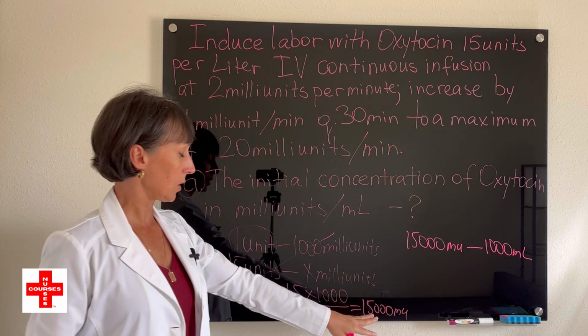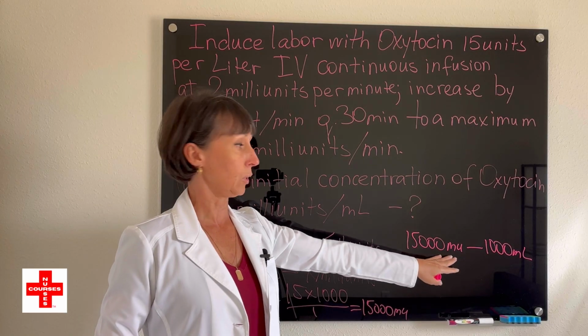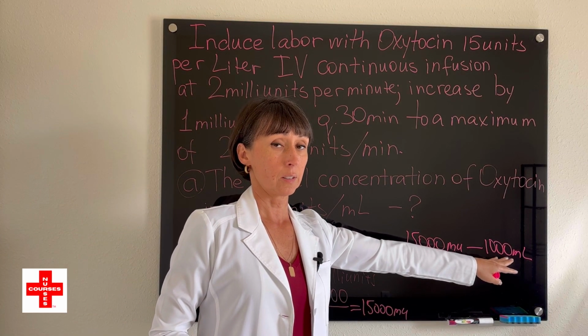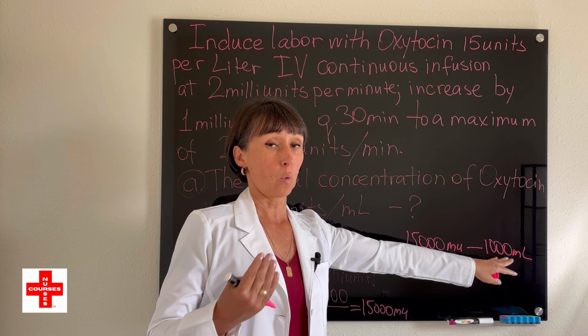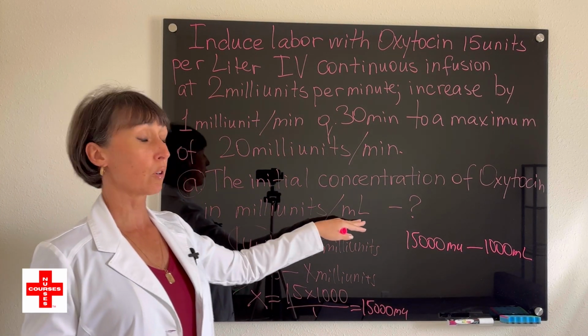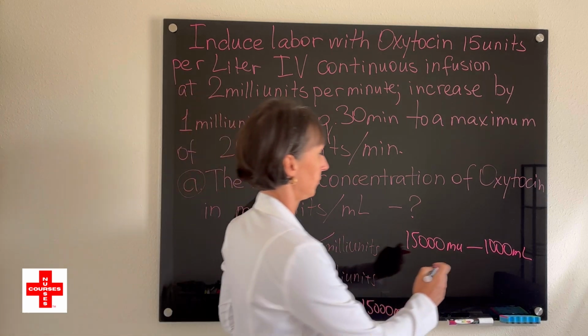So what I wrote is my 15,000 milliunits is in 1,000 milliliters. I need to find what it is per milliliter. The question is asking me milliunits per 1 milliliter.